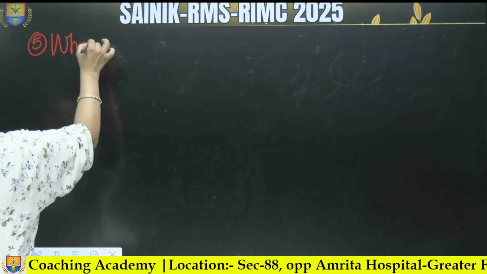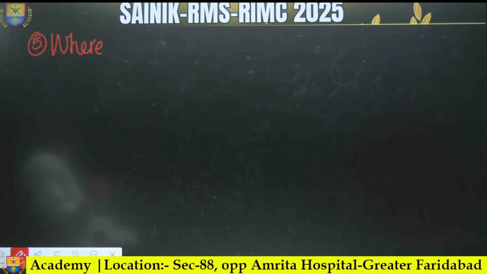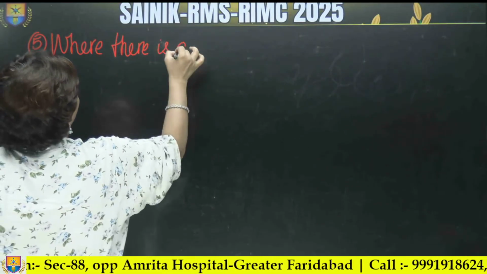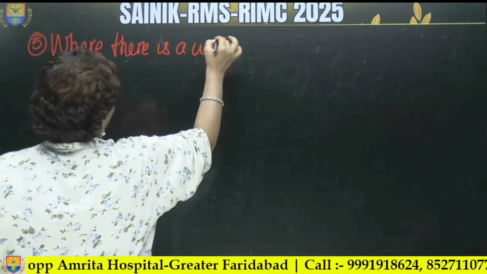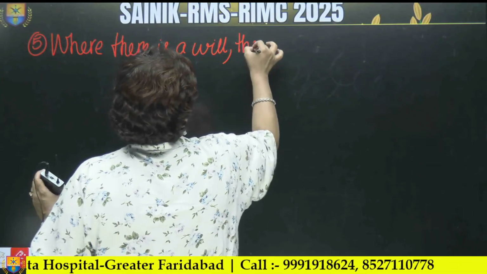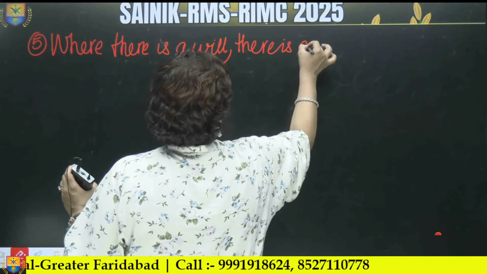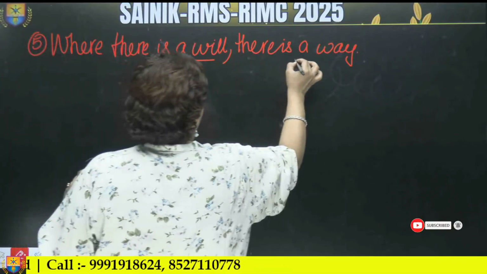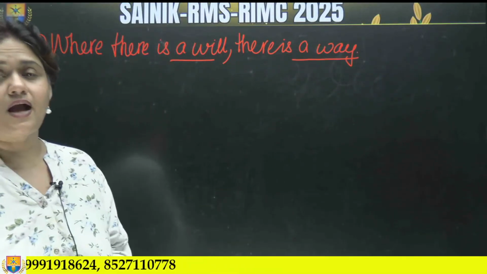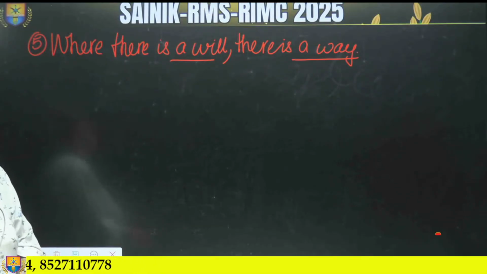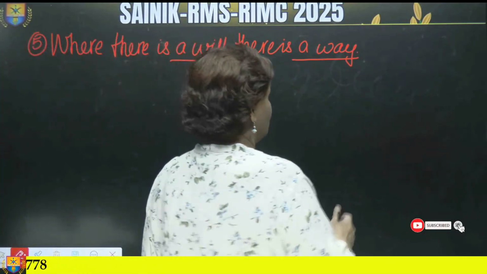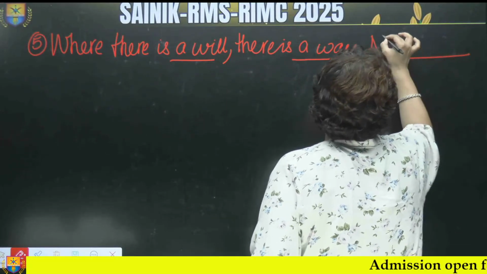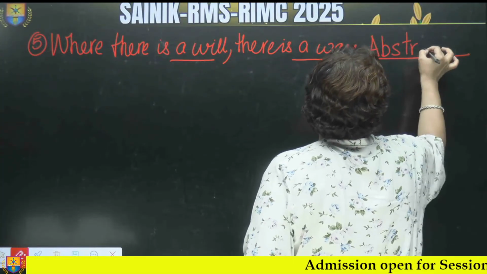Where there is a will, there is a way. So we have a will and a way. Now these will come under which category of noun? They are your abstract noun. The answer to this is abstract noun.